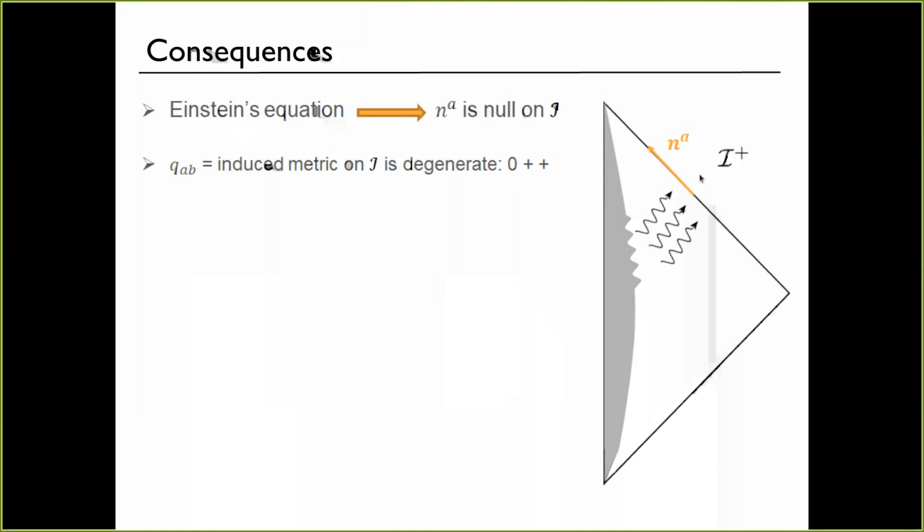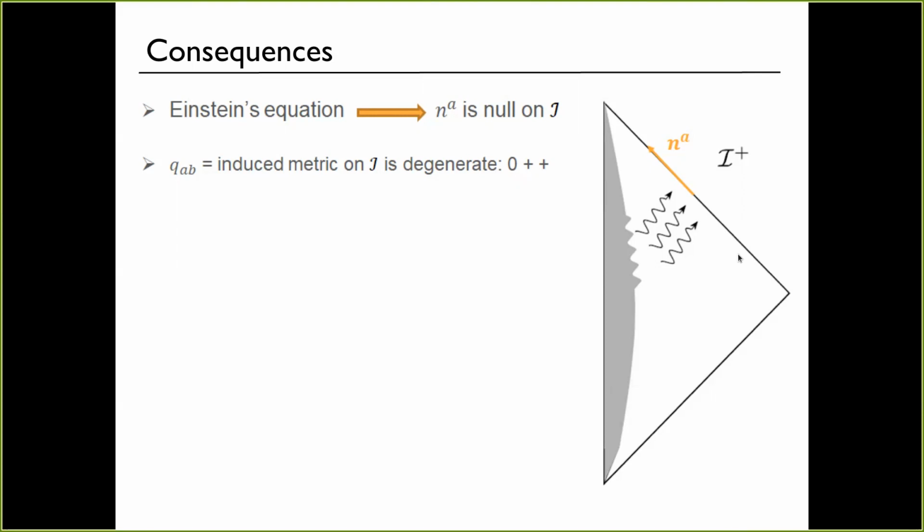And that's also the reason why, of course, this surface is at 45 degrees, because indeed this is a null surface. And then closely related to that is that the induced metric on scri is degenerate, right? So it will be 0 plus plus. And that has to do with the fact that this is a null surface.